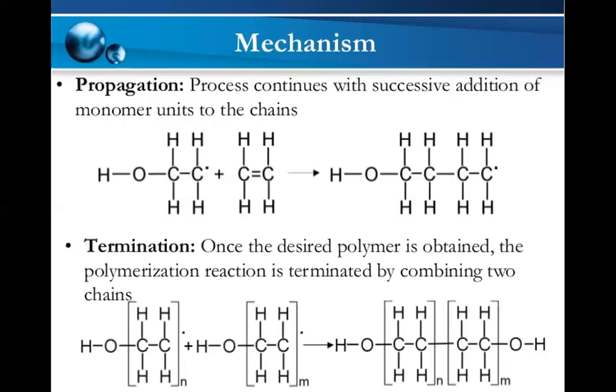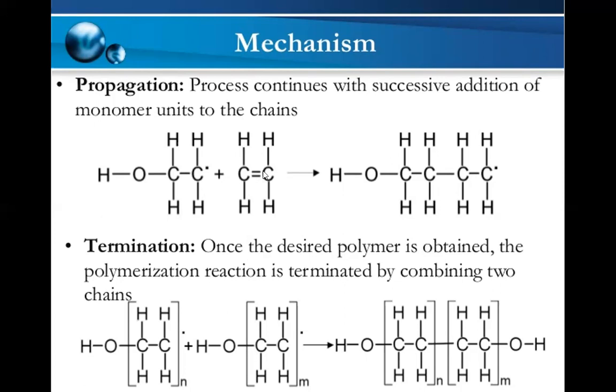Coming to the next step, that is the propagation step. Propagation is the chain growth step. The process continues with the successive addition of monomer units to the chain. The product formed in the initiation step reacts with another monomeric unit.